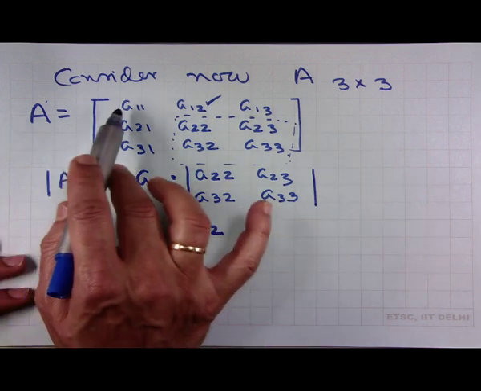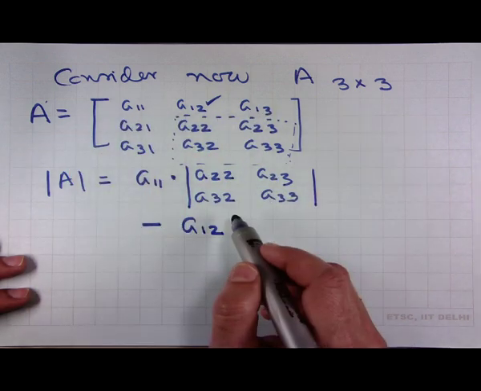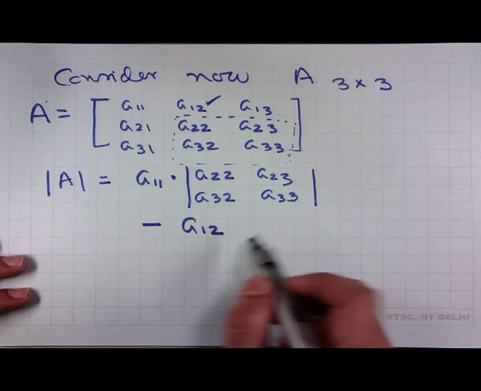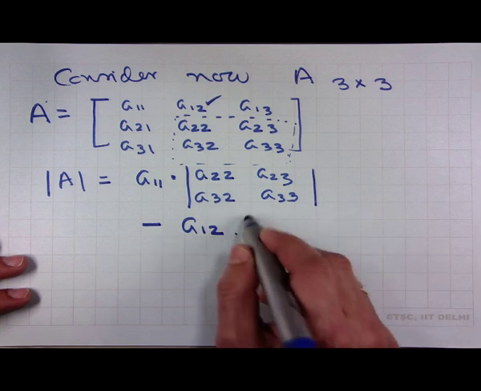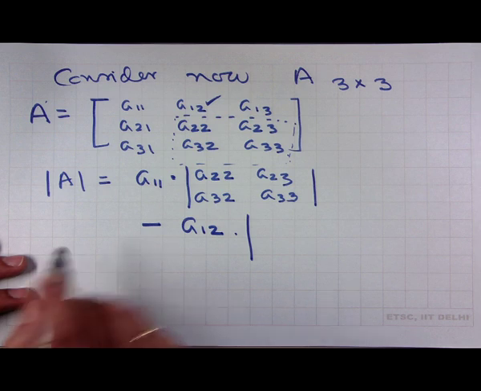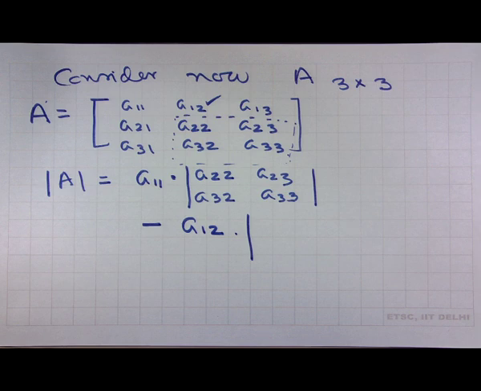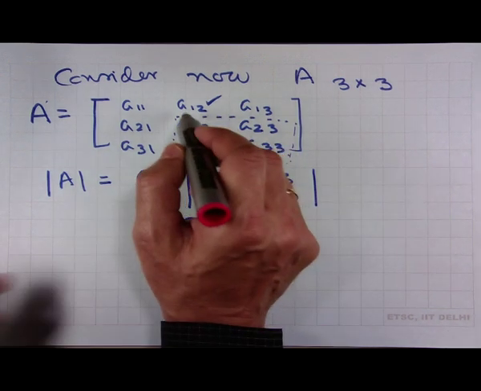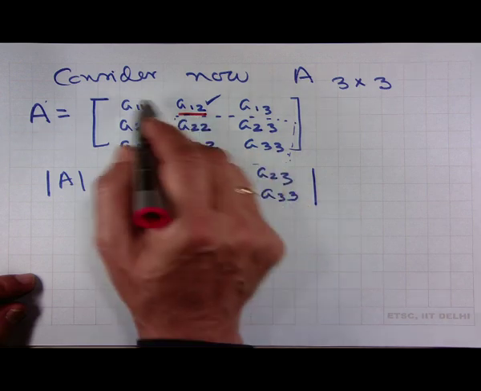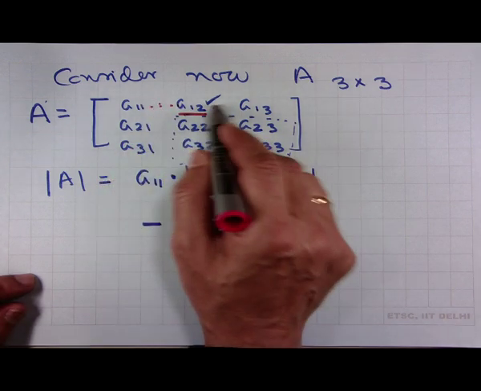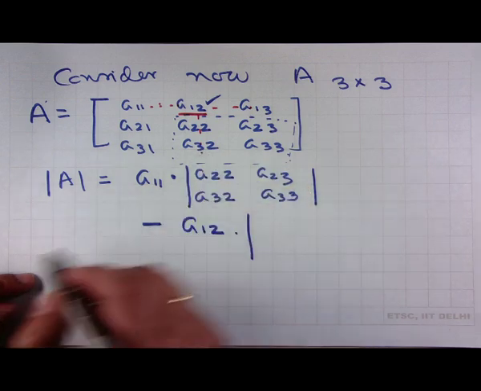As I said, I am expanding the determinant along the first row of the matrix, and this will be multiplied by the submatrix, which we can identify as follows. Since I am taking A12, I will not consider this row and will not consider this column.